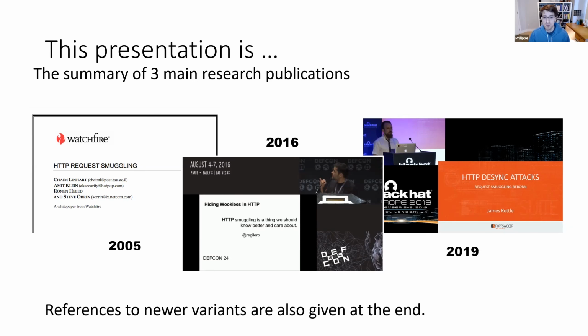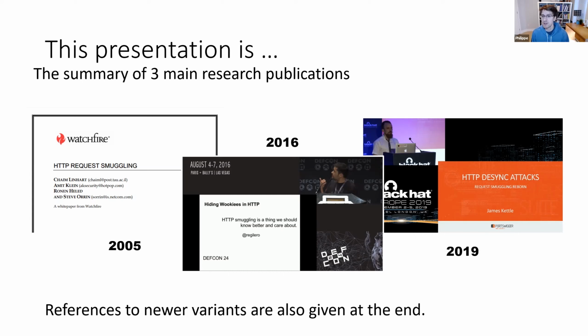Then there was a big gap of almost 10 years or more, with a few articles published, but very minor stuff. And then in 2016, a new variant came up, presented by Régis Leroy, alias Régis Leroux, at DEF CON.